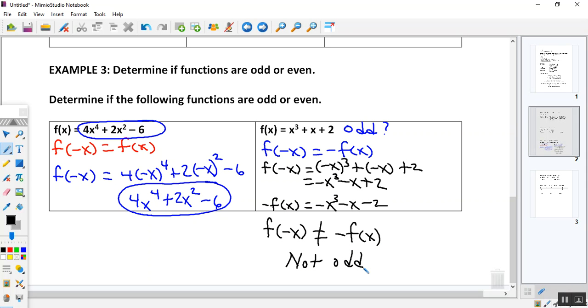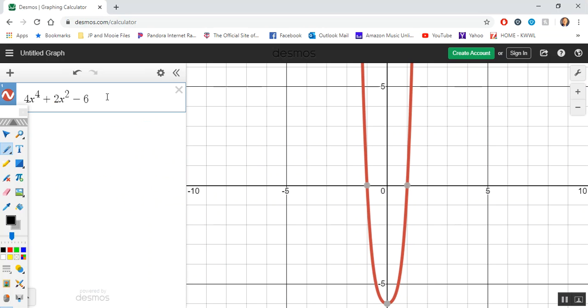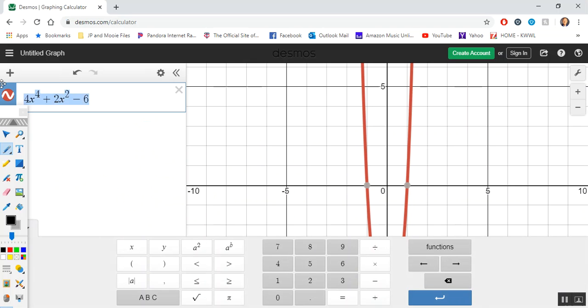Now, if I looked at this graphically, kids, what's the rule about symmetry for odd functions if you look back at the first page? Symmetric about the origin. Okay, so what was the function again, kids?